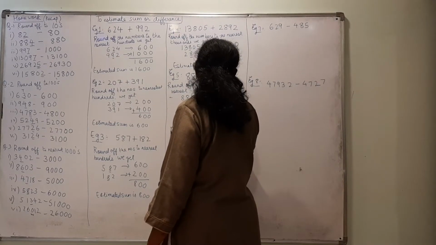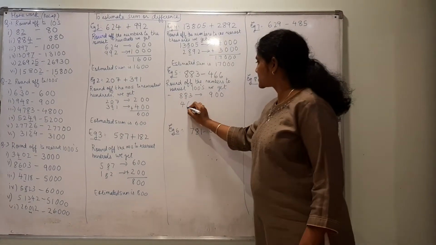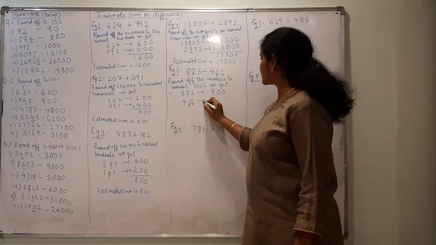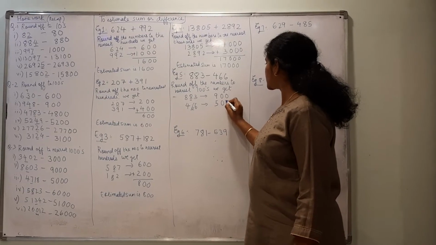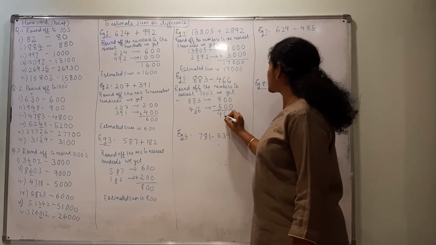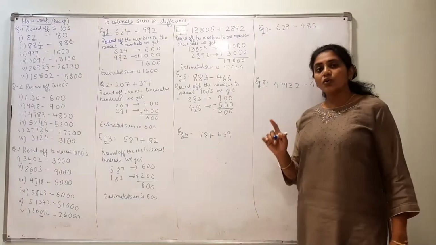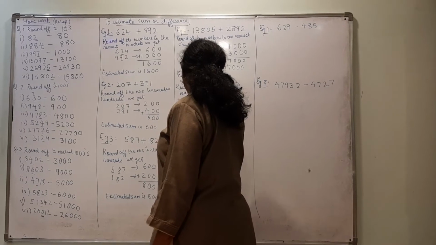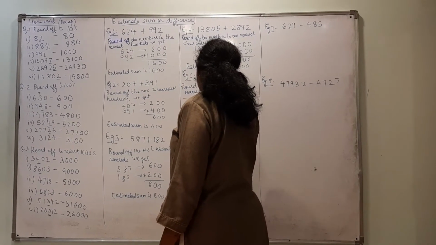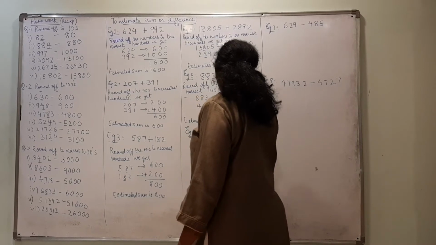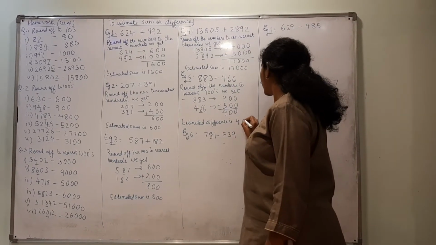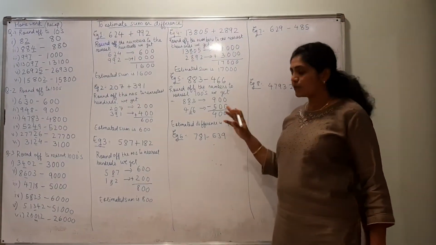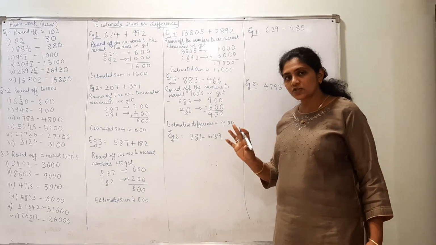So this is 900. 466. Hundreds means look at the tens place. 6 more than 5, add 1 to it. Yes, minus 8. This is 400. So for the estimated difference, just write estimated difference is 400. Clear? I hope you are understanding the flow, how it has to be done.